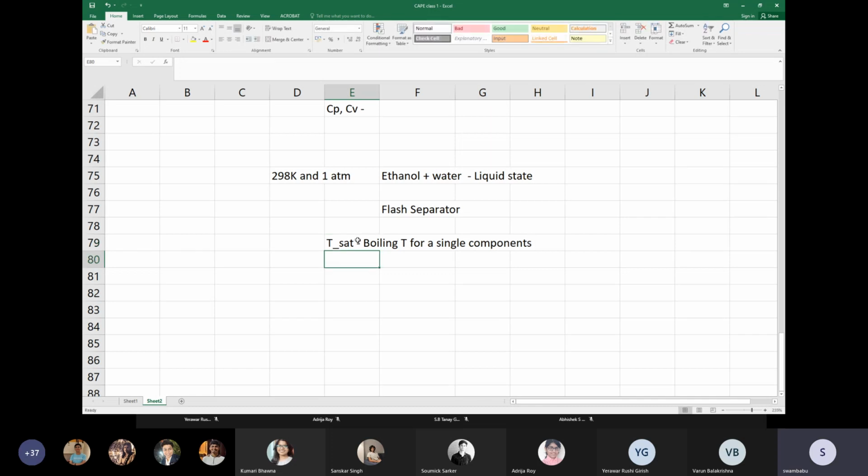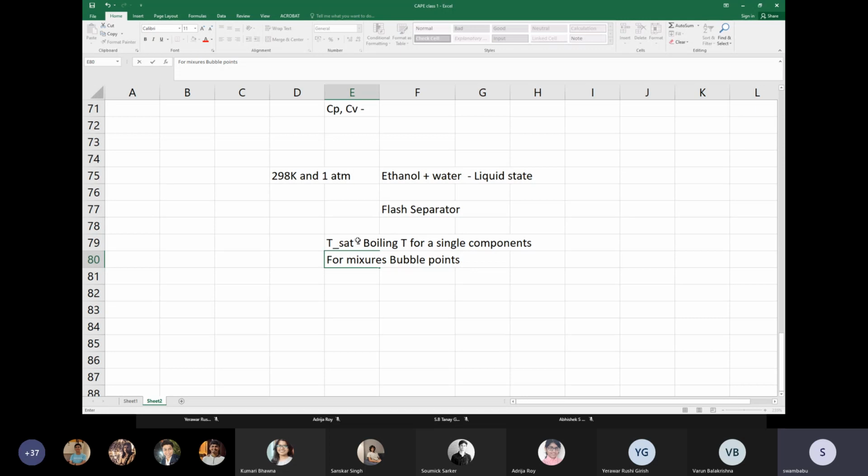For mixtures, the Tsat would be the bubble point, because for a mixture there is no one individual thing.